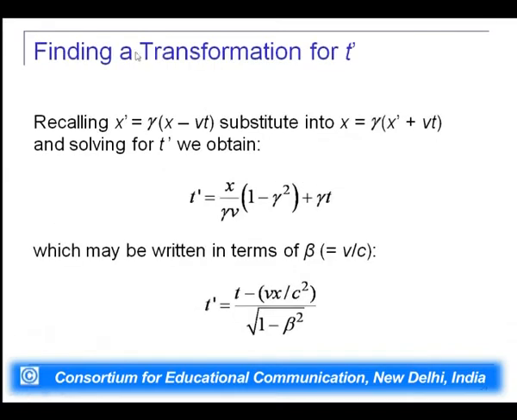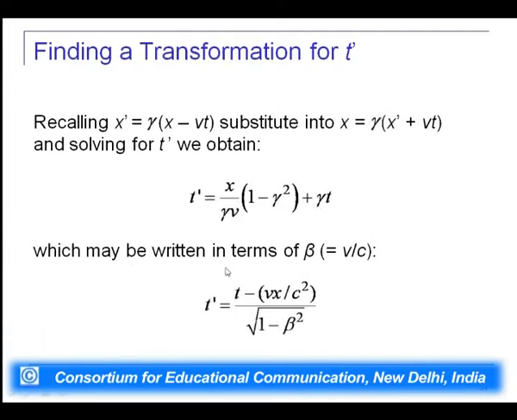Then find the transformation for t. Again x dash is equal to gamma times x minus vt, then substituting into x equal to gamma times x dash plus vt dash, and solving for t dash, we obtain t dash equal to x by gamma v times 1 minus gamma square, plus gamma t.